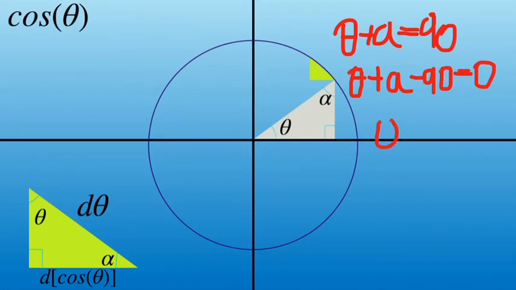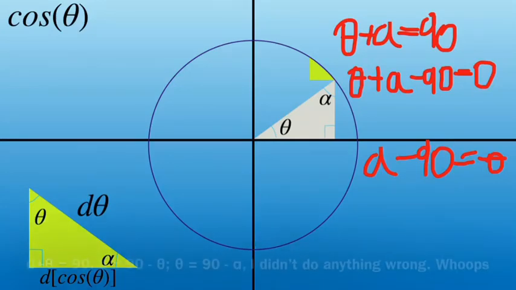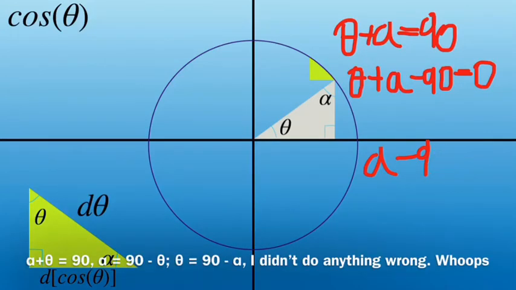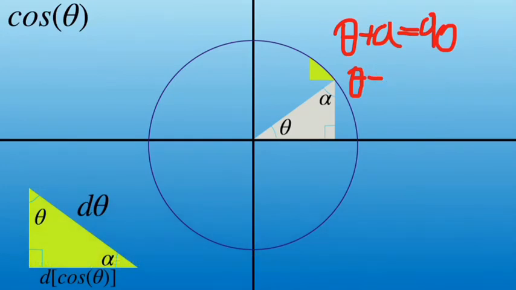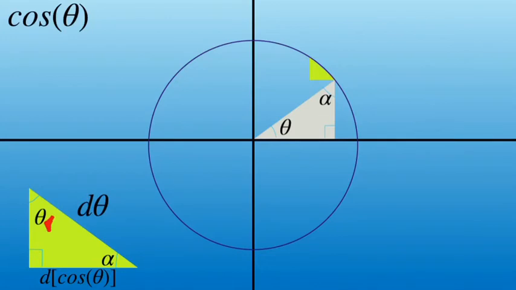So if we move theta to the left, we get alpha minus 90 equals negative theta. If we multiply both sides by -1, no, I think I've done something wrong over here. But you get what I mean, right? This has to be theta because this is 90. And this is alpha, right? Makes sense?